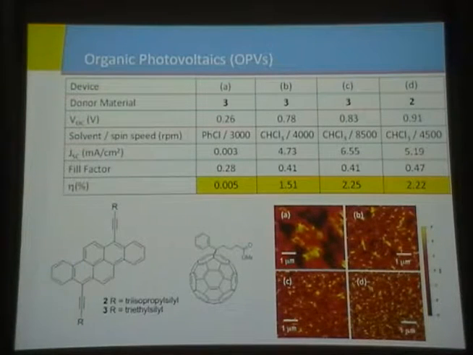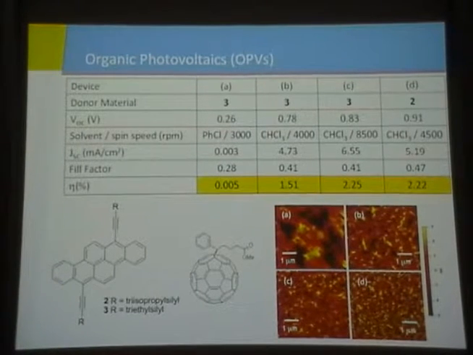And you see that device A is processed from a high boiling point solvent at relatively low spin rate. This resulted in largely phase-separated films, and overall device efficiency is very, very low, even at threshold measurement conditions.